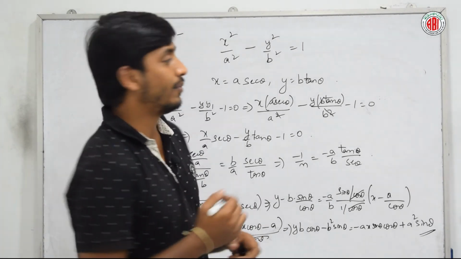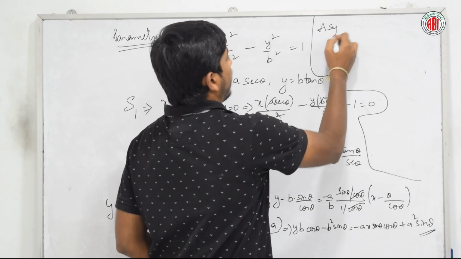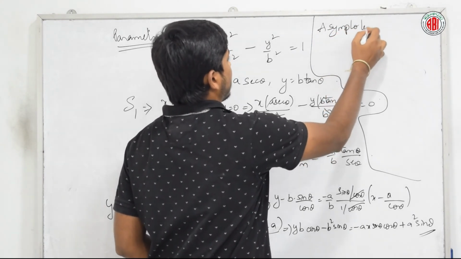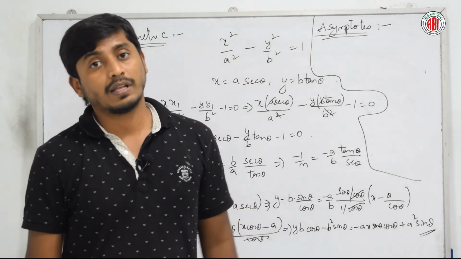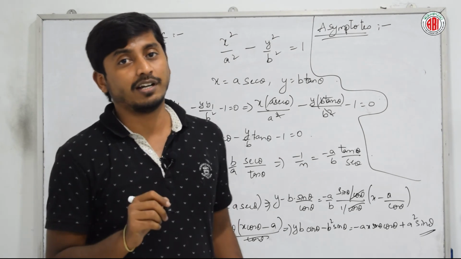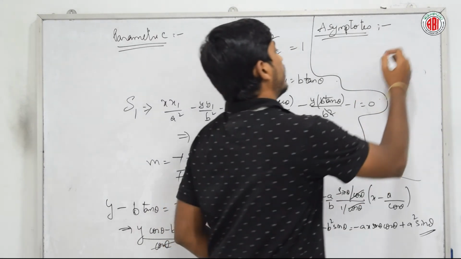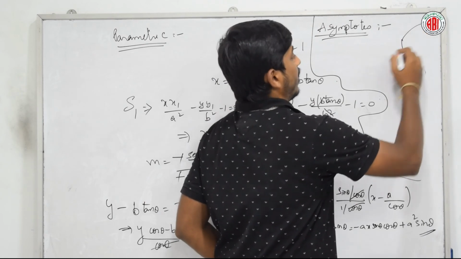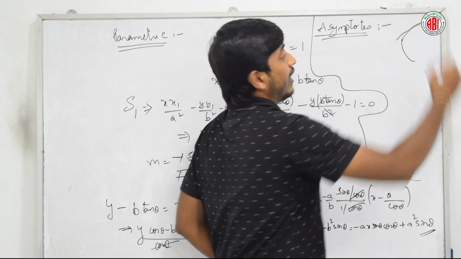One more last topic in this hyperbola thing is asymptotes. These are simple, but in some cases this term is used a lot. What are these asymptotes? Asymptote is a basic word, but it is nothing but a tangent at infinity, right? We know that this is a hyperbola. It will go somewhere else, but we don't know where it touches the hyperbola.